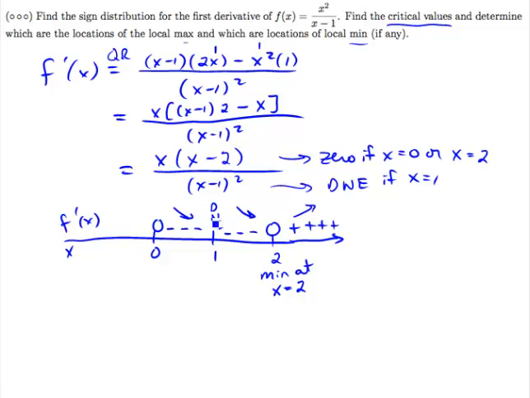The function does not exist at x equal 1, so it's not a critical value. We don't need to classify it as a max or a min. To the left of 0, x will be negative and x minus 2 will be negative. They'll both be negative, so the product of those two will be positive. Again, the denominator is positive, so this result will be positive.